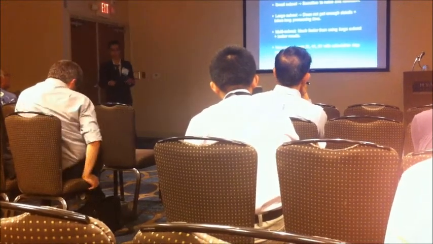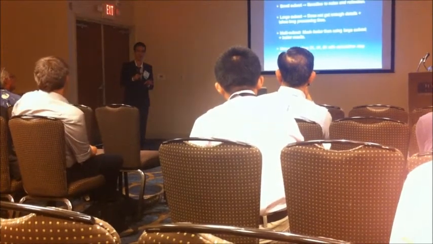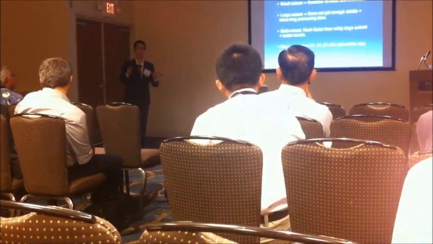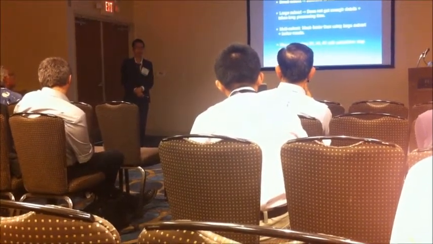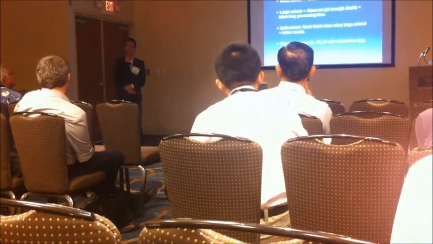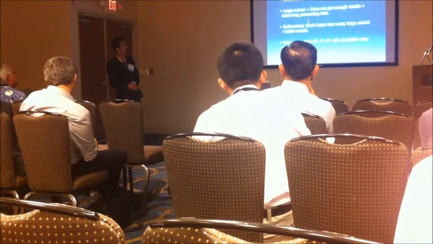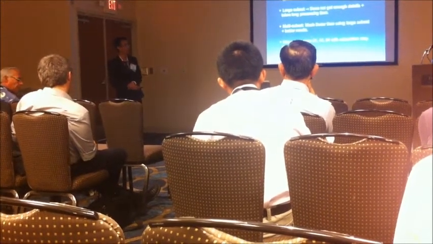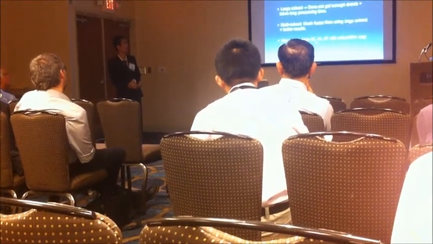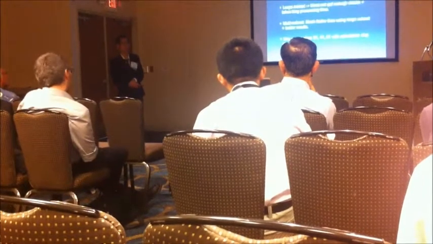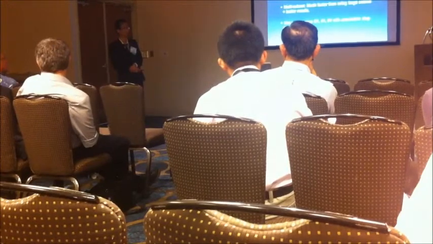The reason is when you use a small subset size, it is very sensitive to noise because the subset is not big enough. But if you use a bigger subset size, the problem is the calculation time will be very long. So we proposed a method where for every pixel on the grid, we analyze with multiple subset sizes, 21, 41, 61, and for each of those with a calculation step size of 2, 3, 4.